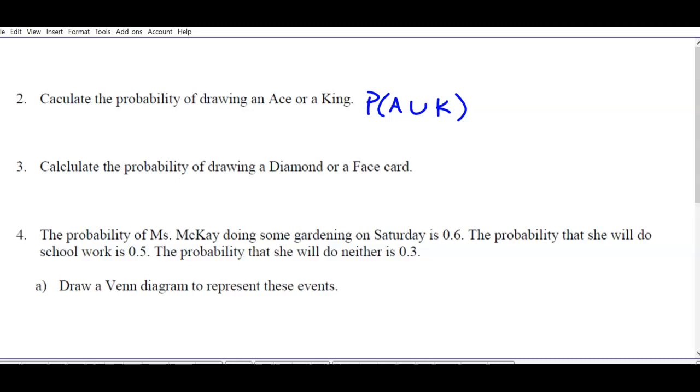You can add the probabilities together, or just think about it in your head. How many aces or kings do you have? 4 and 4 is 8 out of your deck of 52. And then reduce it. If you want to show it separately, you can.